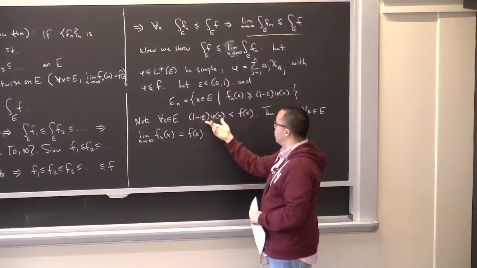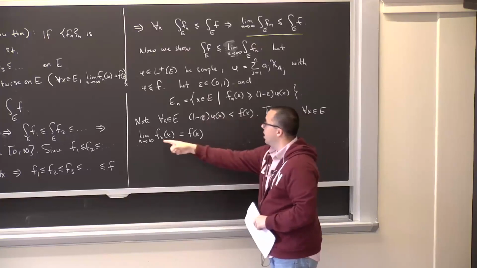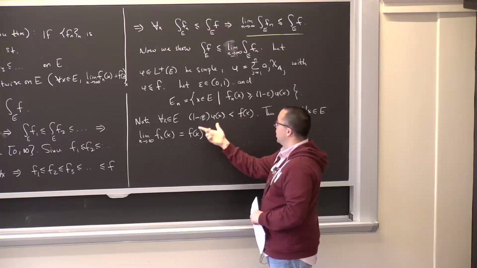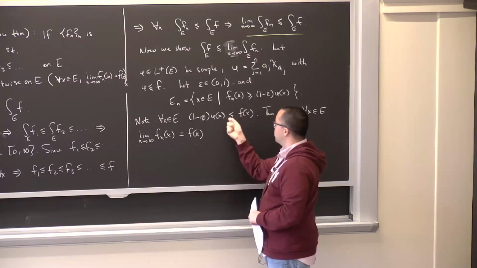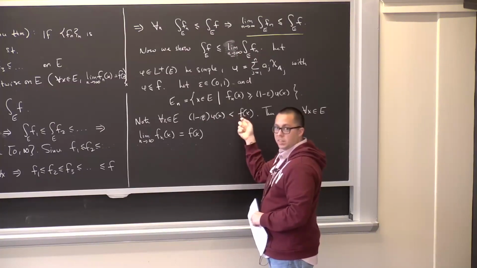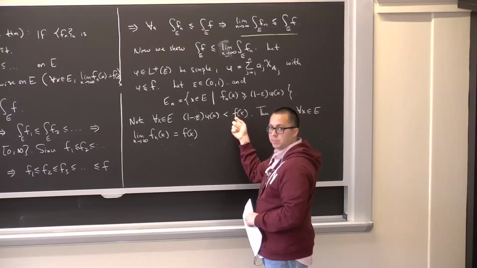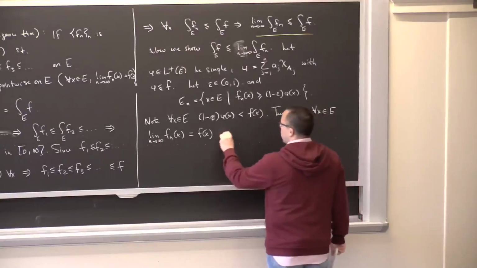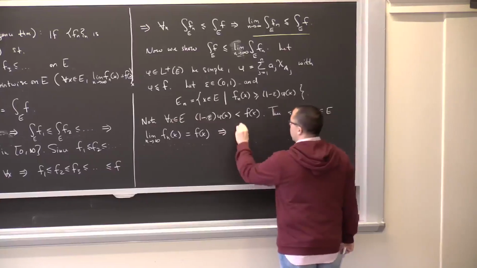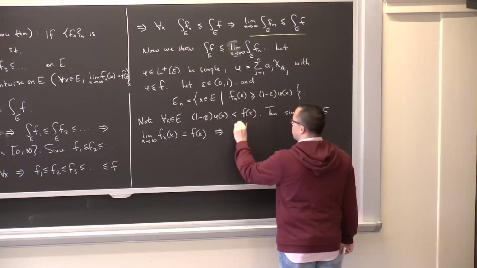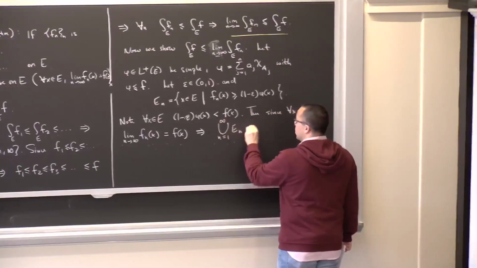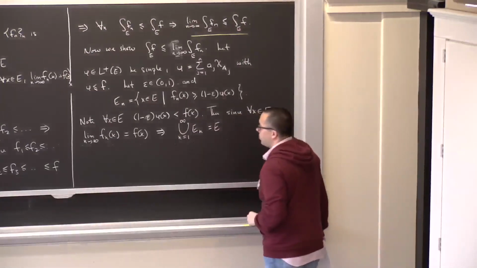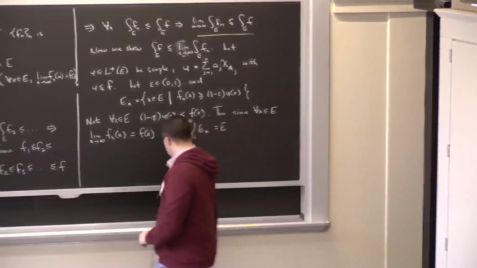Because (1 minus epsilon) phi of x is less than f of x. The fn's are approaching f of x, so it must pass up this value at some point in its quest to get to f of x, or at least close to f of x. Okay? So simply from this fact, this implies that the union over n equals 1 to infinity of the E_n's gives me E. Okay? Let me highlight this.